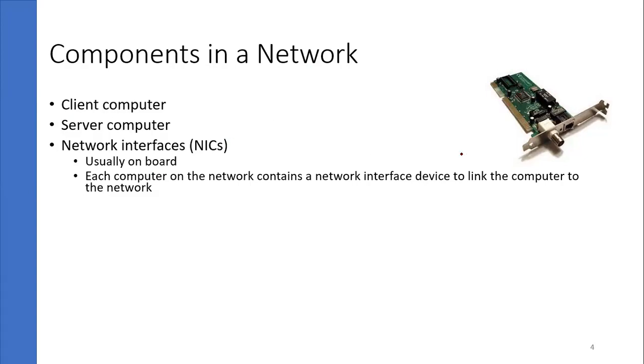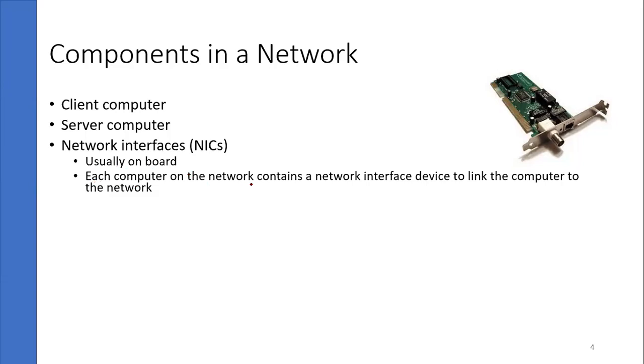That means your network card is already built in your motherboard. The motherboard is the main circuit in your computer. So this is inbuilt. That's the meaning of on board.